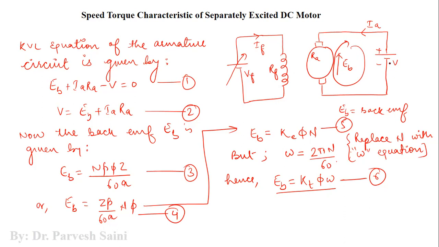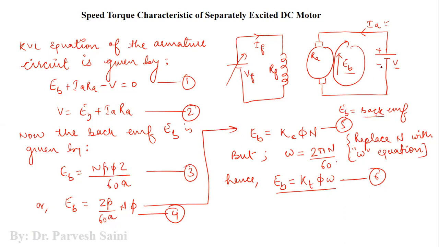As you can see in this particular diagram, we have a motor in which we have applied a voltage V. The armature current is IA and it is flowing in this way, right? Because of the inherent nature of a DC motor, it will always have an EMF which opposes the supply voltage, and we call this back EMF.